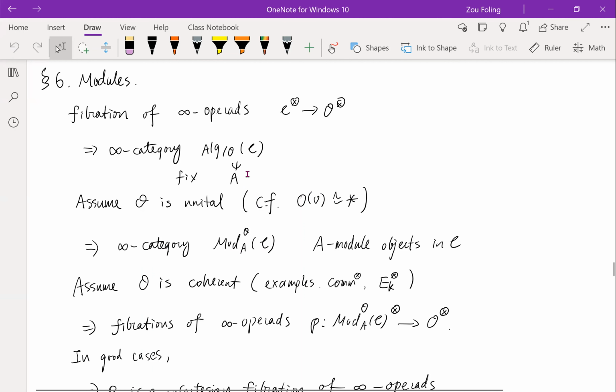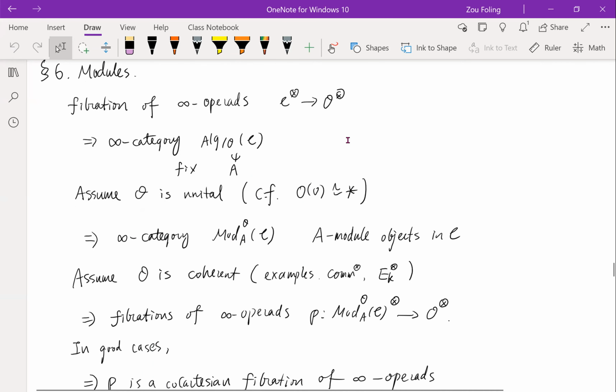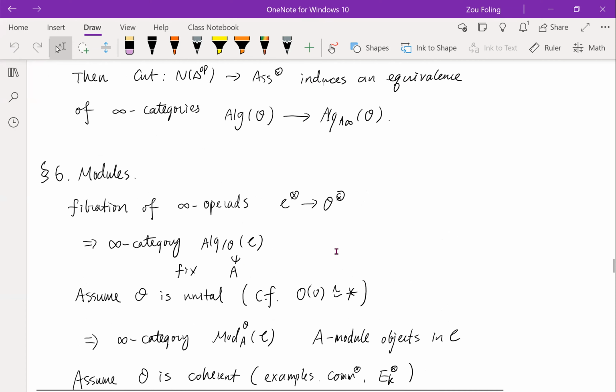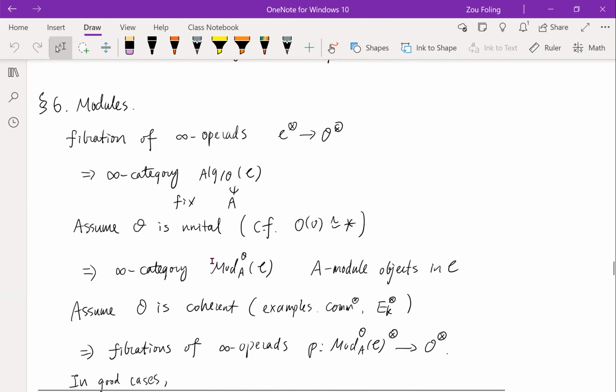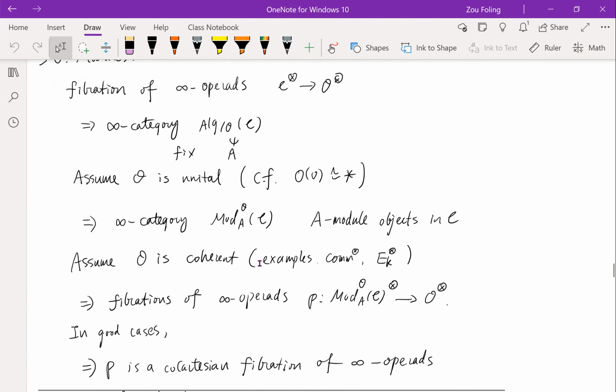A classical version of the story is that if you have a ring, then you have the module over the ring. So this is generalizing that.